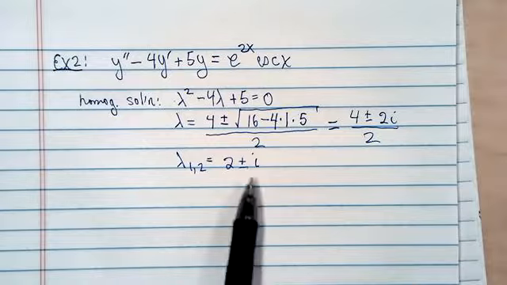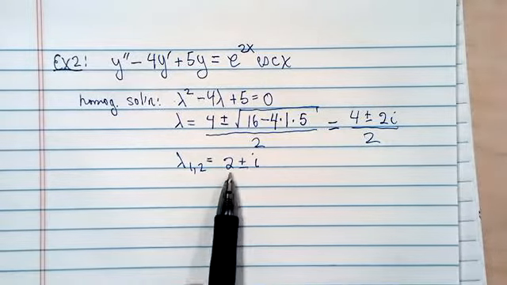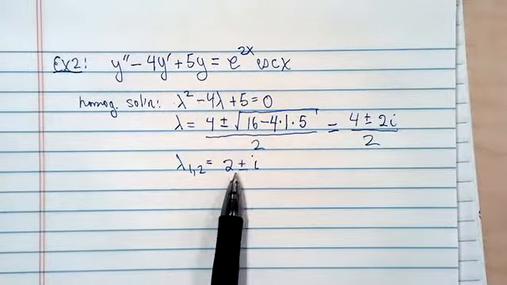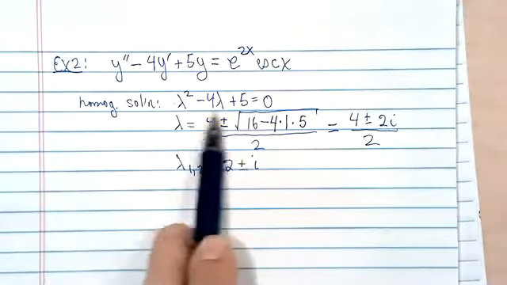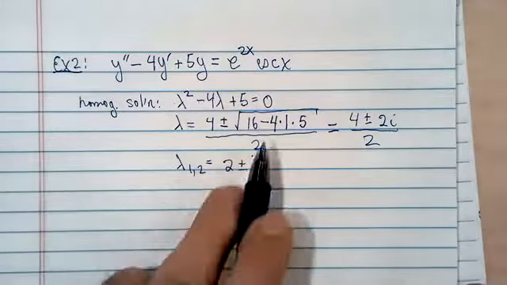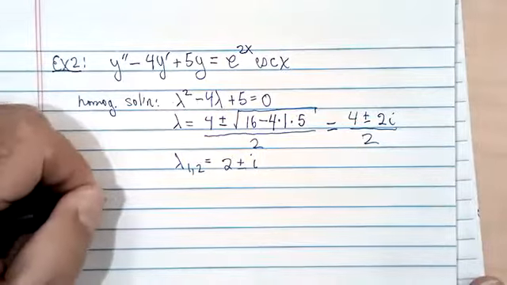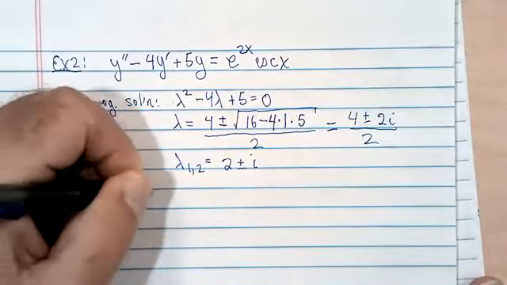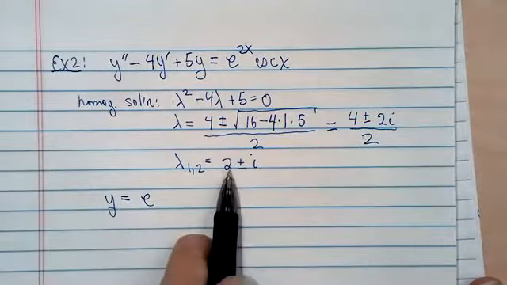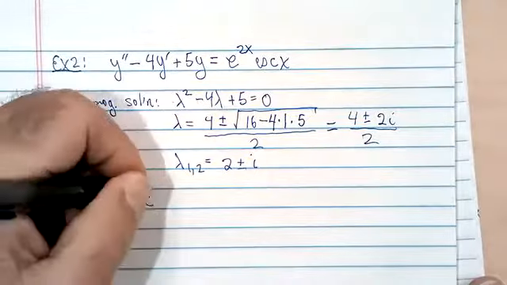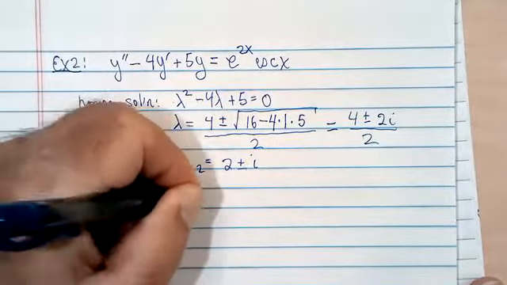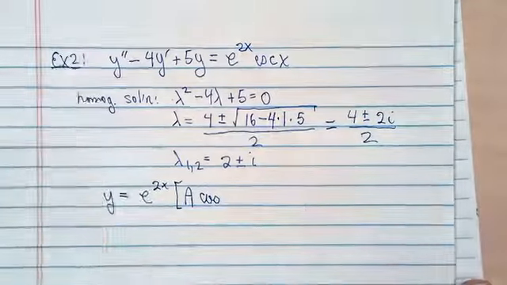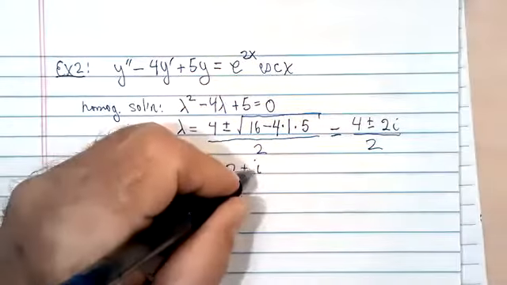Now we have a formula for what you do with a complex conjugate pair for roots of the characteristic equation. And the answer is y equals e to the alpha x times a cosine omega x plus b sine omega x.